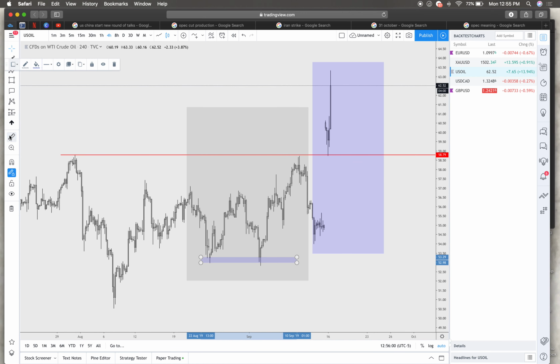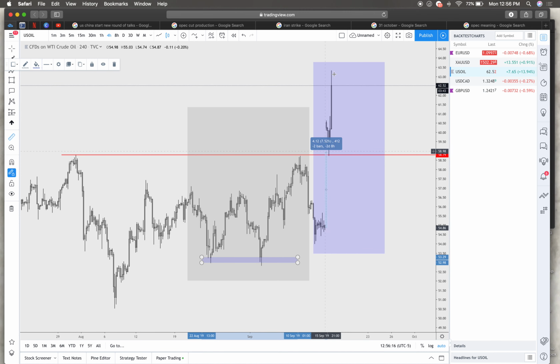When Iran attacked their oil fields, due to the cuts that were already being made in the market, and then a major strike to their oil fields, meaning even more oil is not going to be available, that just drives the price up. That's why we had this heavy gap to the upside along right here. To capitalize on this, honestly, if you weren't in oil before, you won't be able to, because this is just a random event.